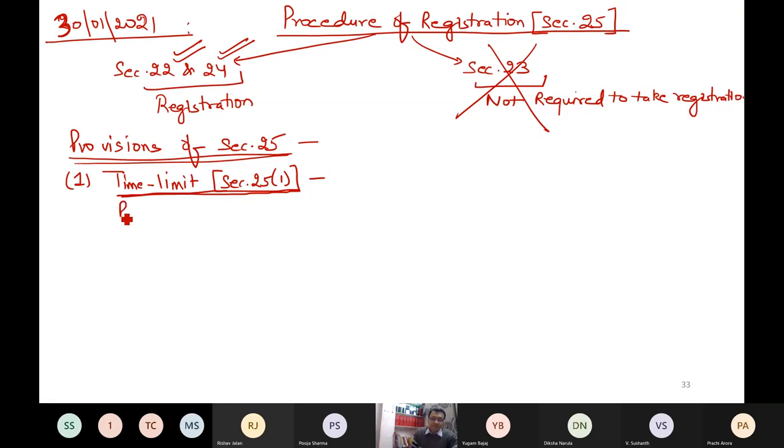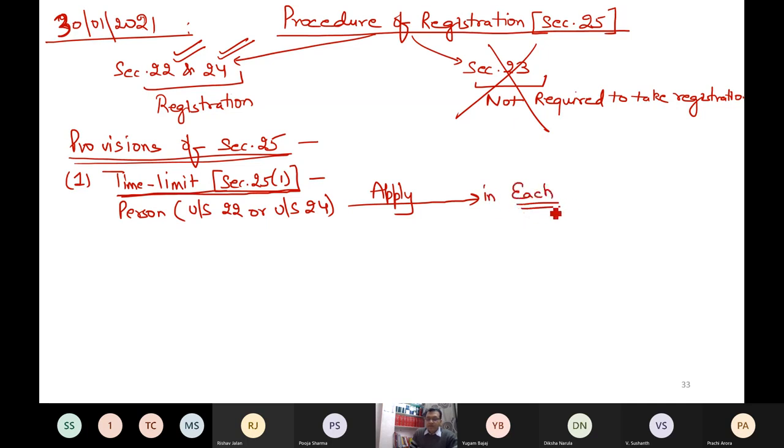Every person who is liable to register under section 22 or under section 24 has to apply in each state or UT from where he is supplying.